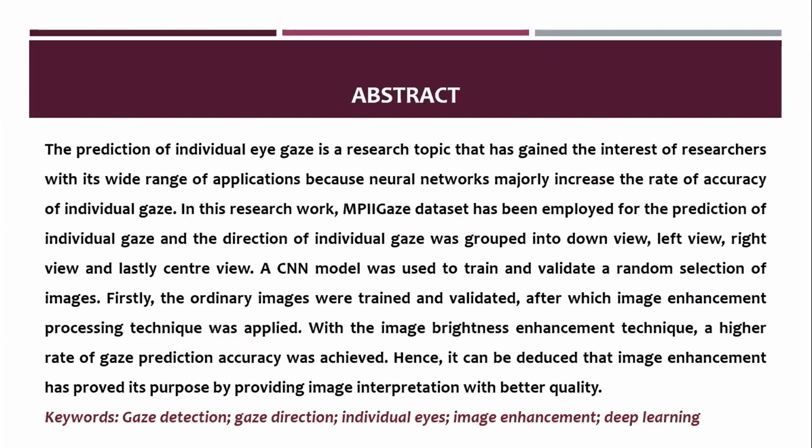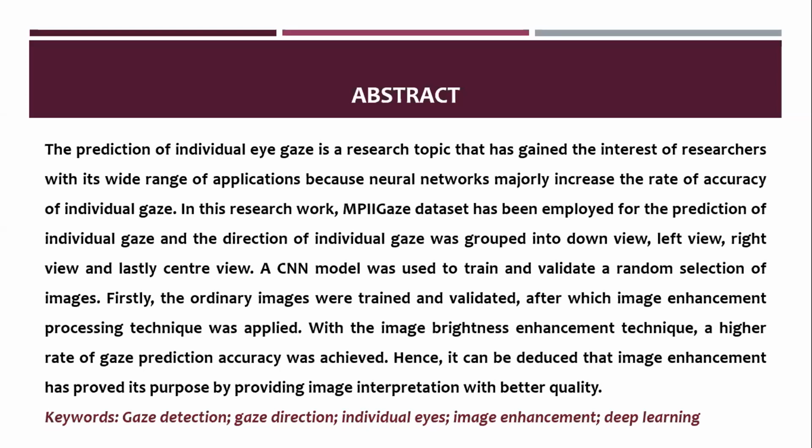So many researchers are interested in this topic, the prediction of individual gaze, majorly because artificial intelligence is involved, and this really makes it interesting. So in our research work, we employed MPIIGaze data sets, categorizing individual gaze into four categories, predicting if they are looking to the left, to the right, to the neutral view, which is termed center focus, and then to the upward view.